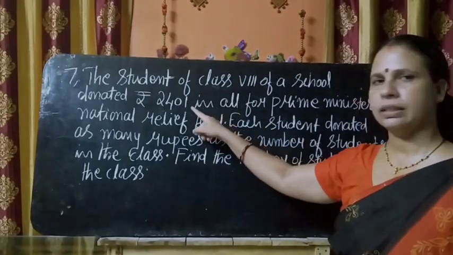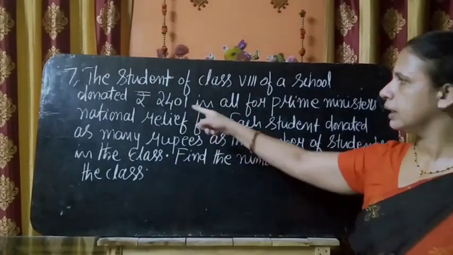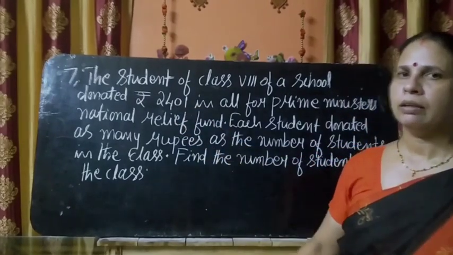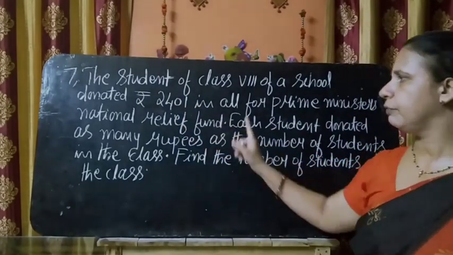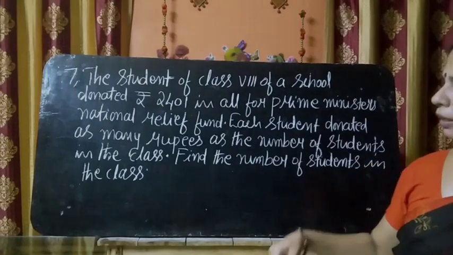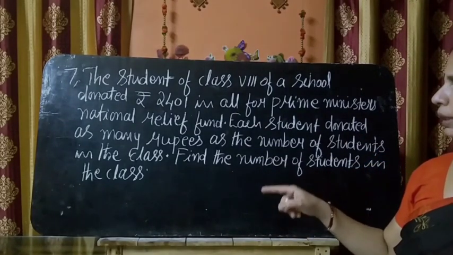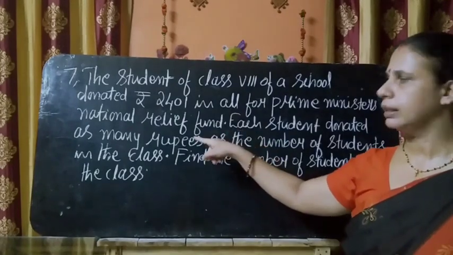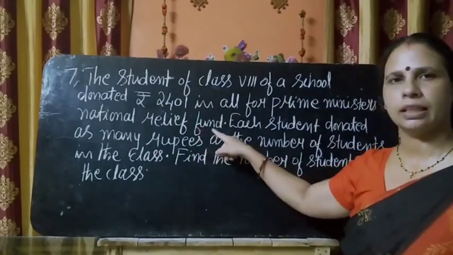They have given some money, here rupees 2401 given for Prime Minister's Relief Fund. Then we have to find out how many students are in the class. From that class, every student gave money for Prime Minister's Relief Fund.